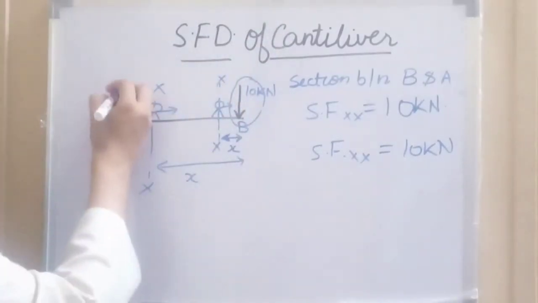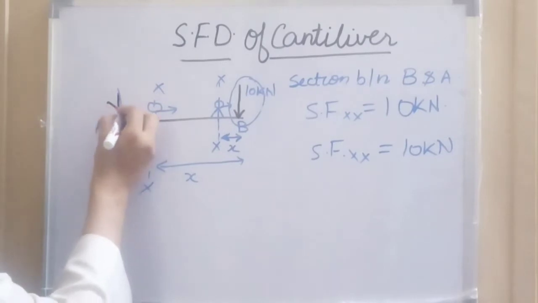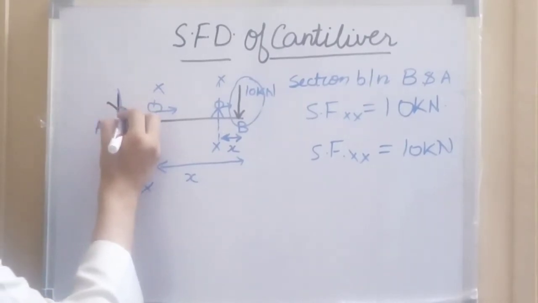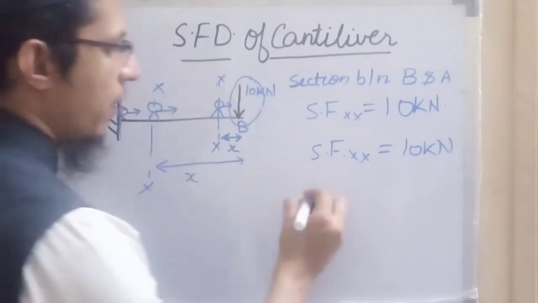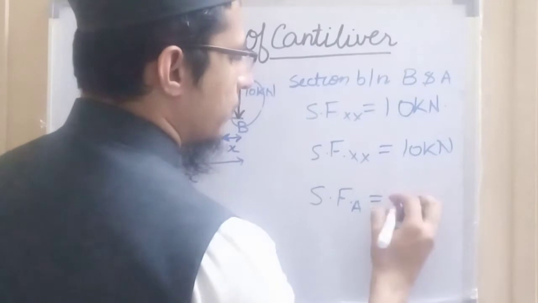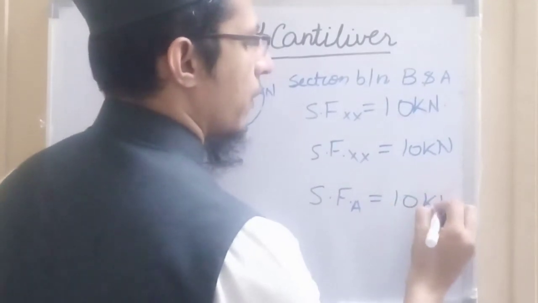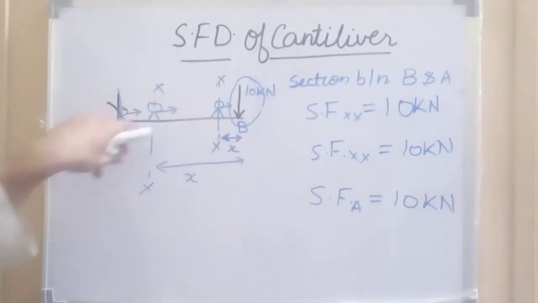And if we move to this point A, then also if we stand at this point A and look towards our left, only one force will be seen. So the shear force at A will also be equal to 10 kilonewton. So the shear force has remained constant from point B to point A if there is a single point load acting on the cantilever.